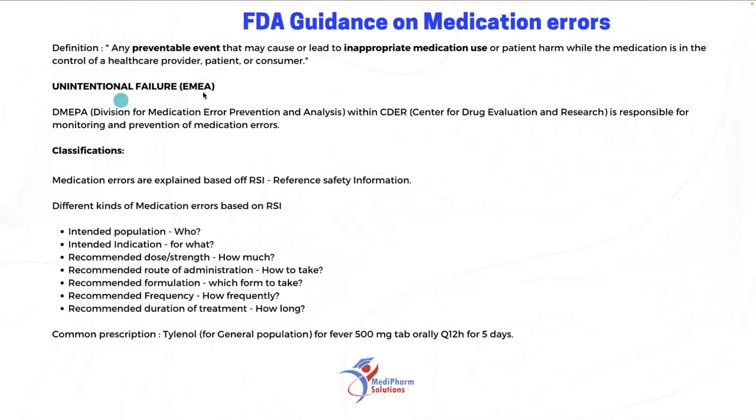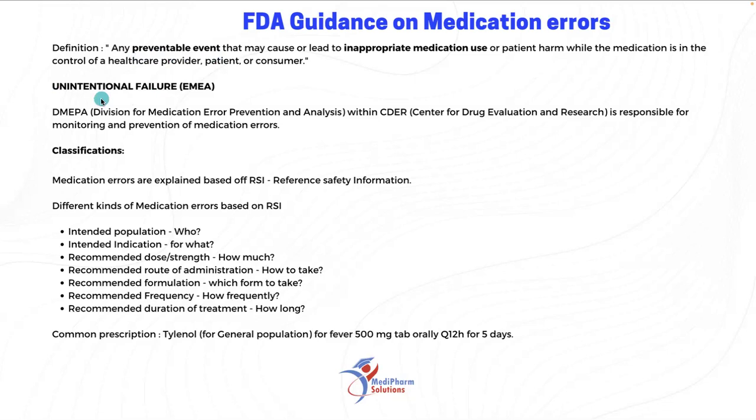So again, medication error is a preventable event that can lead to inappropriate medication use, which can cause harm to the consumer or patient. Rather than using this FDA guidance definition of medication error, I would like you to replace the phrase preventable event, since you already mentioned error is a preventable event at this point, with the phrase unintentional failure.